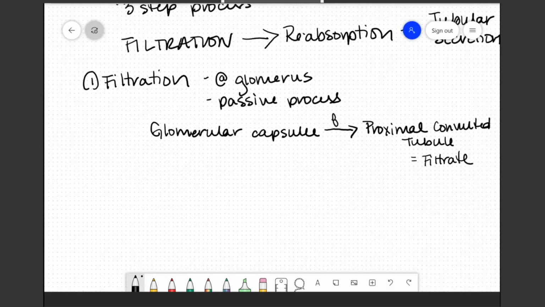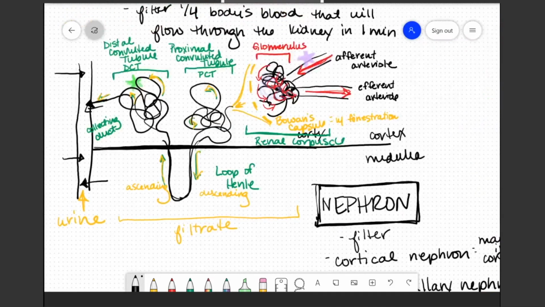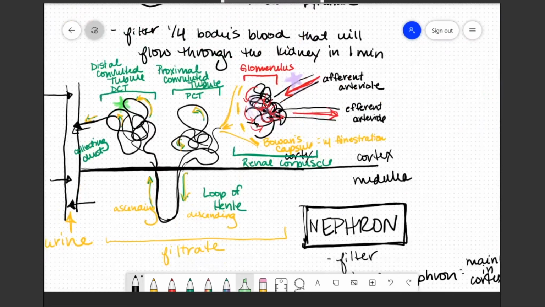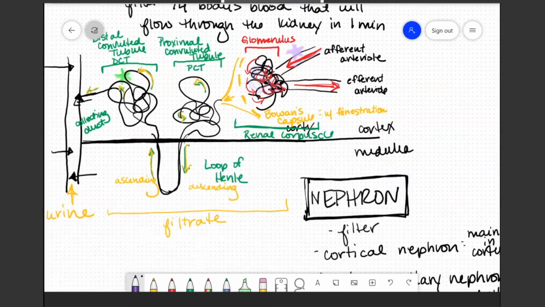So we have filtered. So all the way back up here, what we're saying is the glomerulus, this part right here on this nephron, this part right here, where we had afferent arteriole coming into our glomerulus and out, this is going to be the process of filtration.